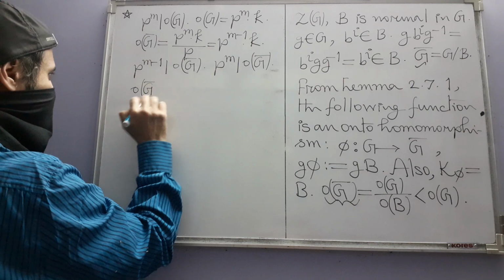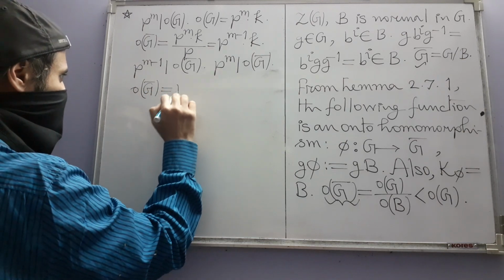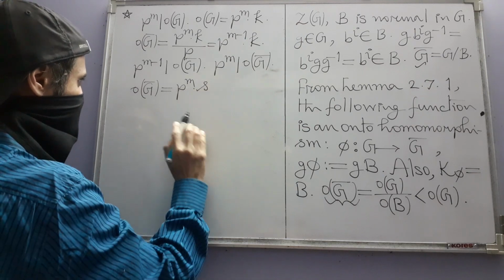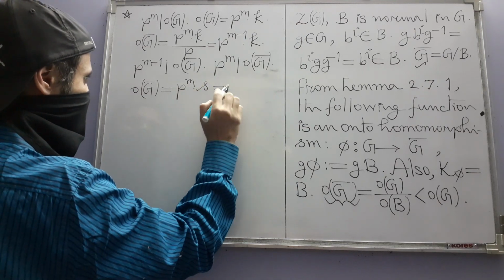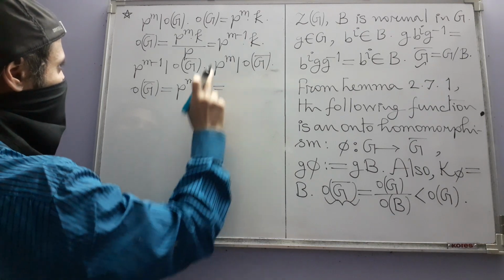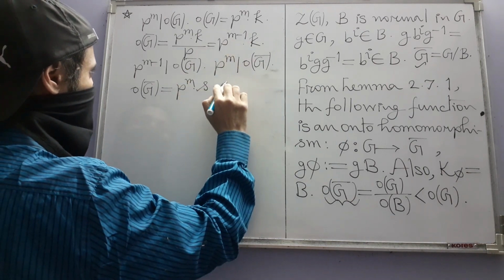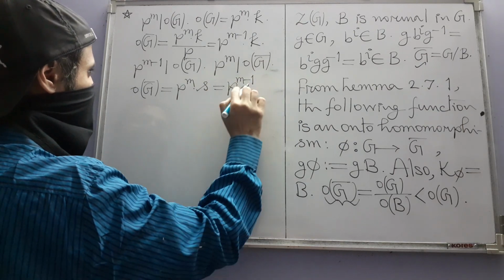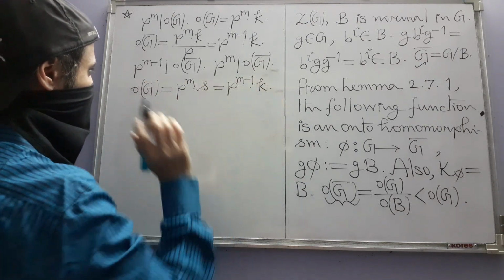Then the order of G bar is equal to p to the power m times some integer, say s. But we know the order of G bar is equal to this times k.